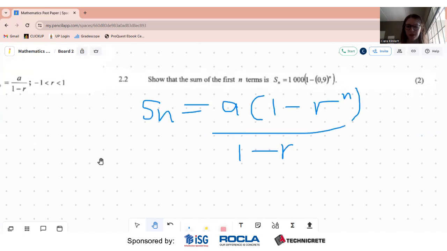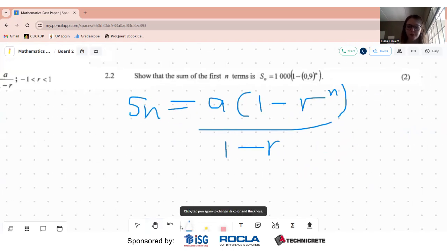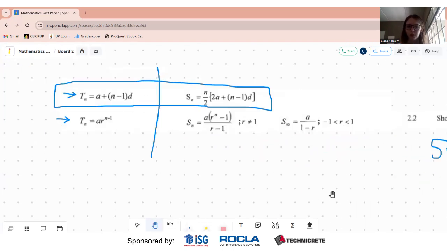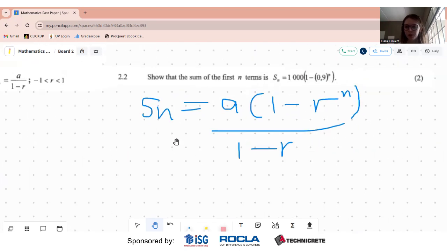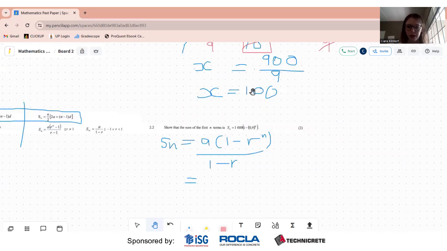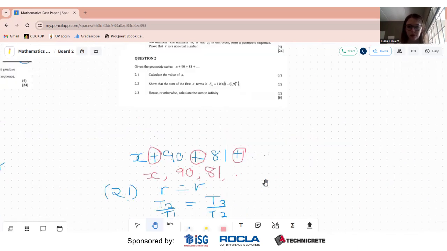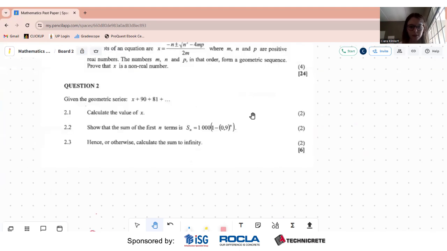Yes, I did. Okay. Now, A in all of these formulas refers to the first term of the sequence or series. And r refers to the constant ratio. So let's go and fill in all the quantities. If we go back to the question, we remember that x is the first term of our series, and remember x is now equal to 100.